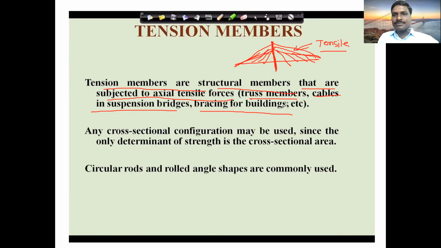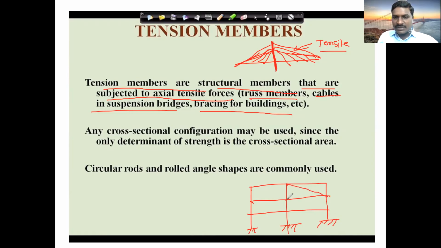Bracing for the building, that we will see. Bracing for the building: this is the building, this is the foundation of the building. Sometimes such bracings are provided for lateral stability. It means if wind force is coming in this direction, this building should not tilt or overturn. We are talking about steel buildings only here.